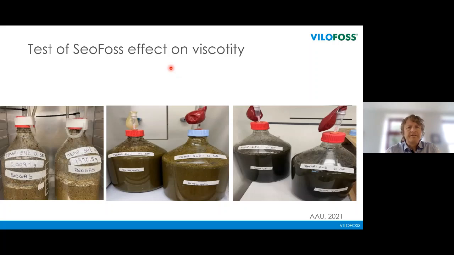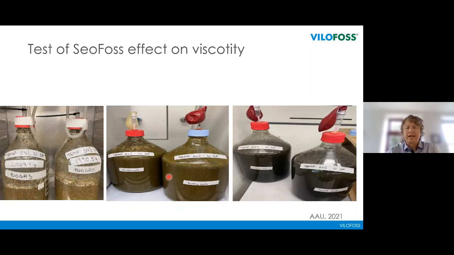We tested the effect of Seofoss, this slurry additive, on viscosity. We tested it on different biogas masses, first of all on different components. We tested on biogas, at both 54 degrees and 37 degrees, two different temperatures.